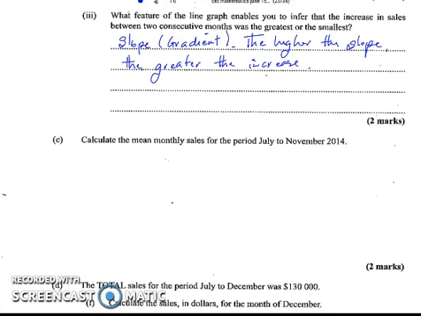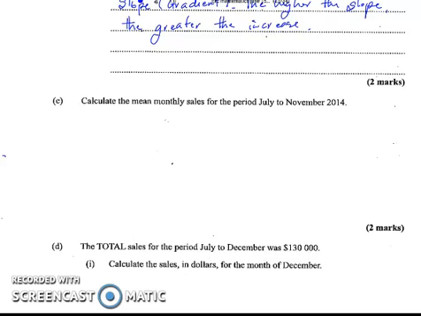All right, let's have a look at C. C says calculate the mean monthly sales for the period July to November. Well, the mean, x bar, is the sum of all the values divided by the number of values.